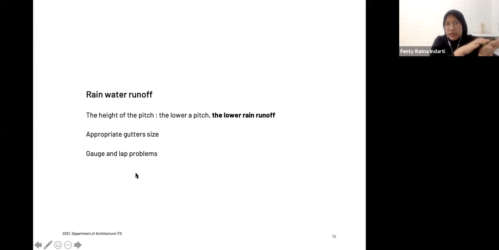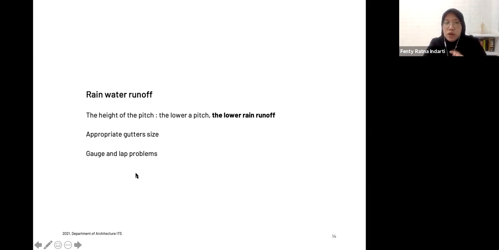Then it creates an opening, and the water comes into your building, and usually it will give a sign on your ceiling. You can check, oh, there is something like a wet mark on your ceiling, which means that there is something wrong with your roof.